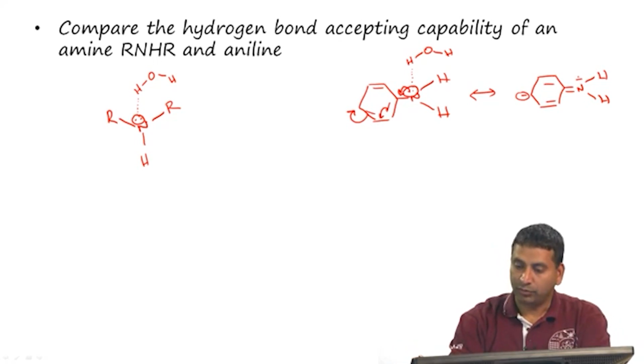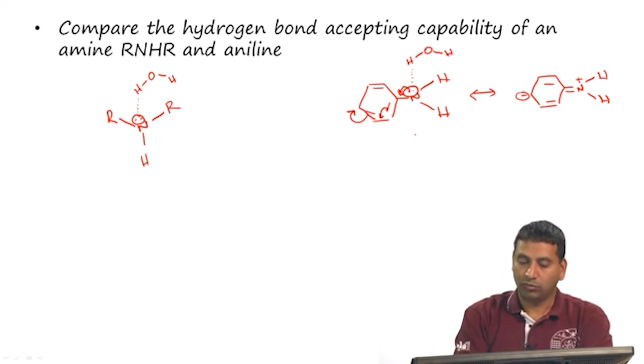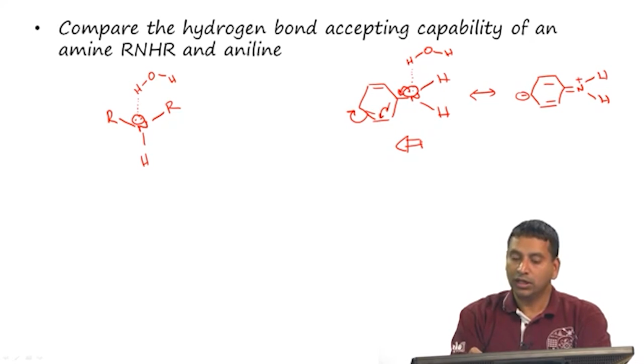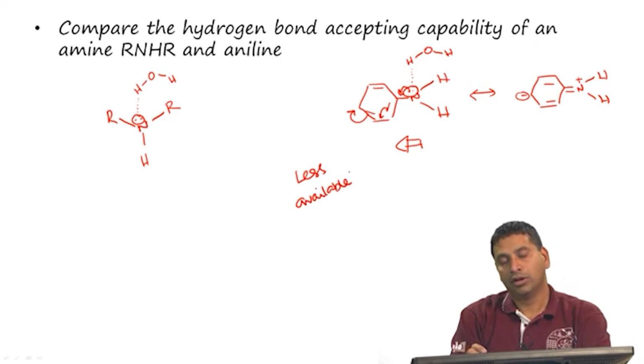Okay. So, you have a positive charge over here and a negative charge over here. Because of this, what might happen is that you will have a pull of this lone pair on nitrogen into the benzene ring. This perhaps makes the lone pair less available for hydrogen bond. So, based on this, one would argue that aniline would have a less hydrogen bond accepting capability compared to RNHR.